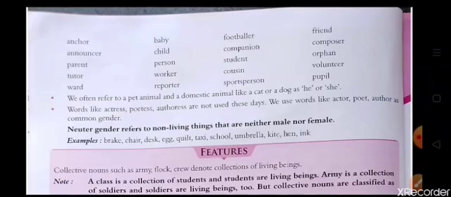We often refer to a pet animal and a domestic animal like a cat or dog as he or she. Words like actress, poetess, authoress are not used these days. We use words like actor, poet, author as common gender. Neuter gender refers to non-living things that are neither male nor female. Examples: book, chair, desk, egg, quilt, taxi, school, umbrella, kite, pen, ink.